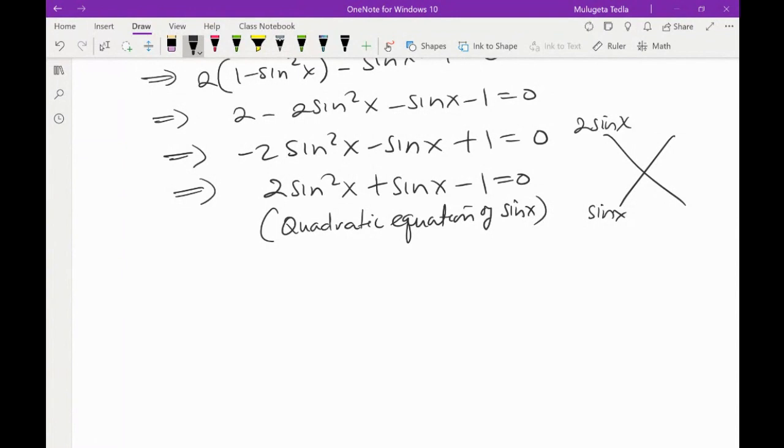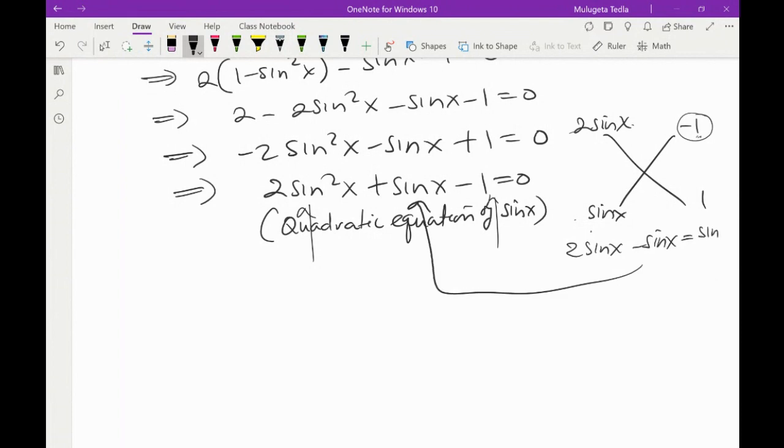Here the first product is 2 sine x times sine x. The constant term is negative 1, so I have to place the negative in the right place: negative 1 times 1 is negative 1. The reason I chose this placement is because the cross products, 2 sine x minus sine x, give me the middle term, sine x.